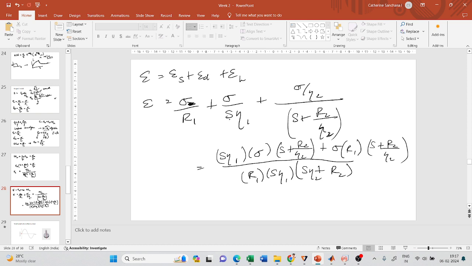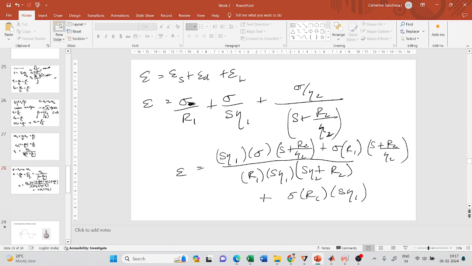Here also, s and eta 1 will get cancelled, and the numerator will get multiplied with R1 here, which is this one, and this term. Similarly, plus sigma, okay, this eta 2 is already cancelled. So sigma into R1 into s into eta 1. So this is my epsilon.